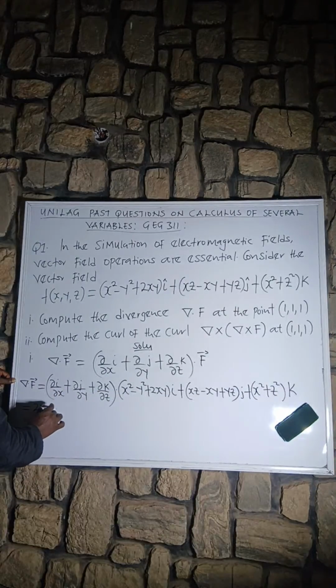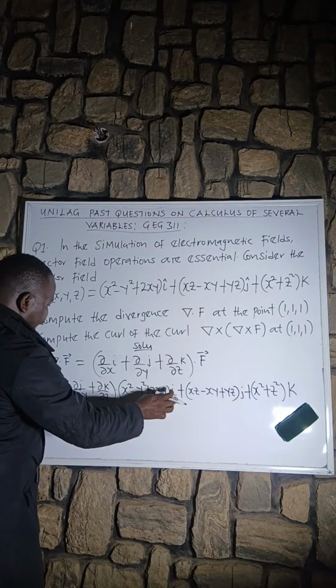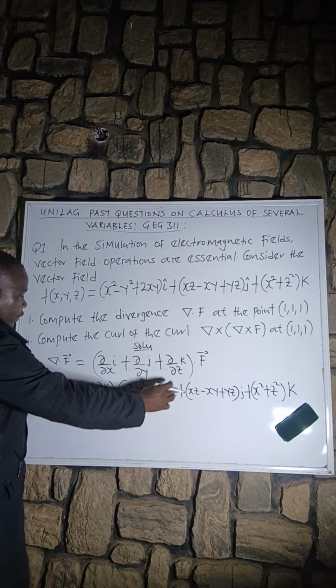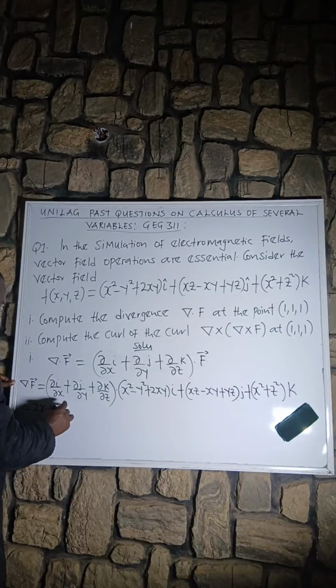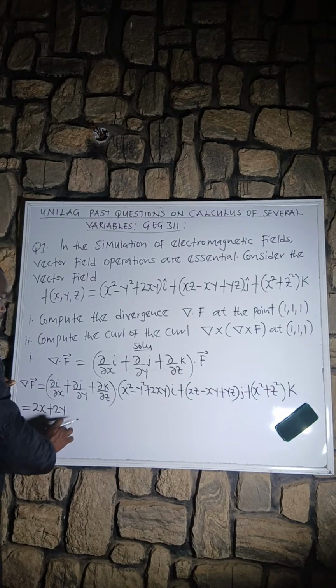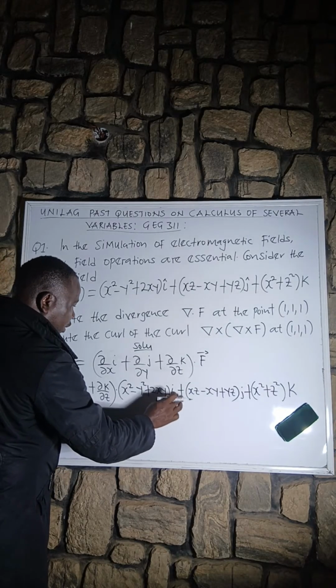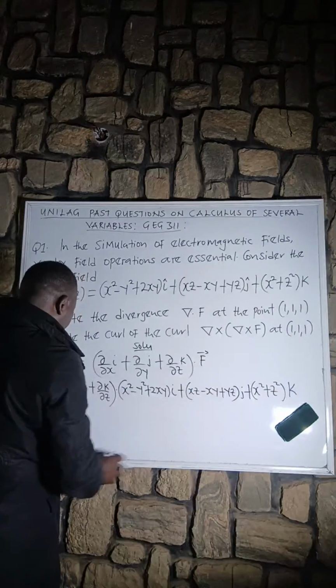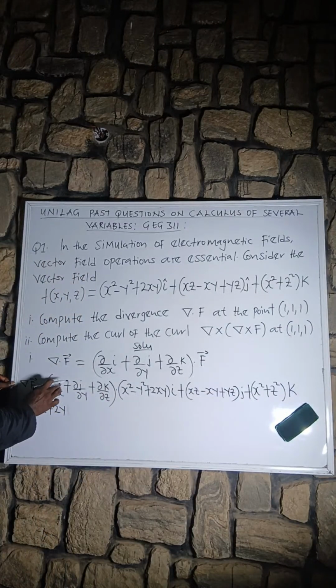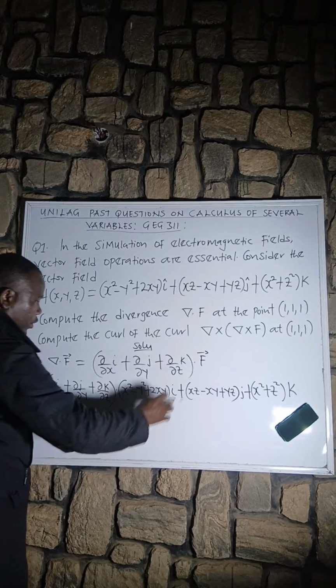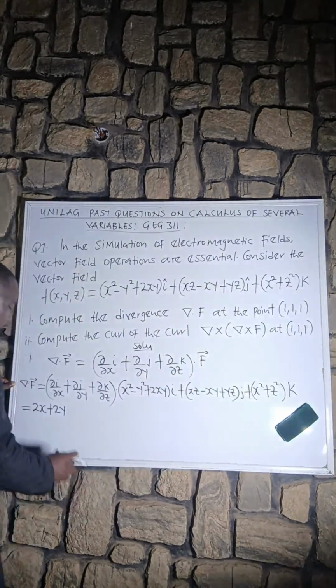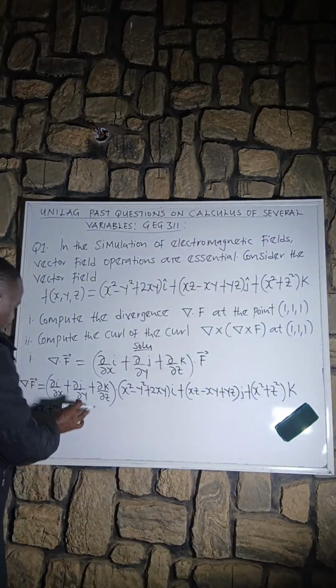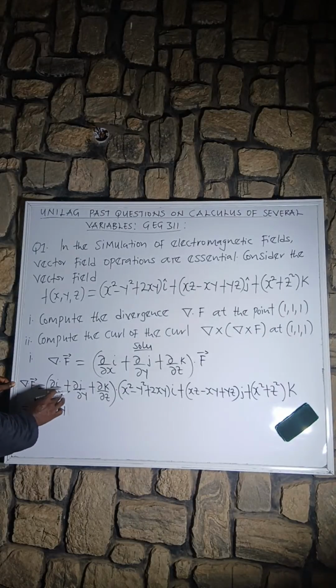So here will be plus 2y. Then the i will definitely vanish, so take note, you are not going to write i again. But if the vector function is not there, that is when you remember it. Okay, so we are done with this with respect to x.